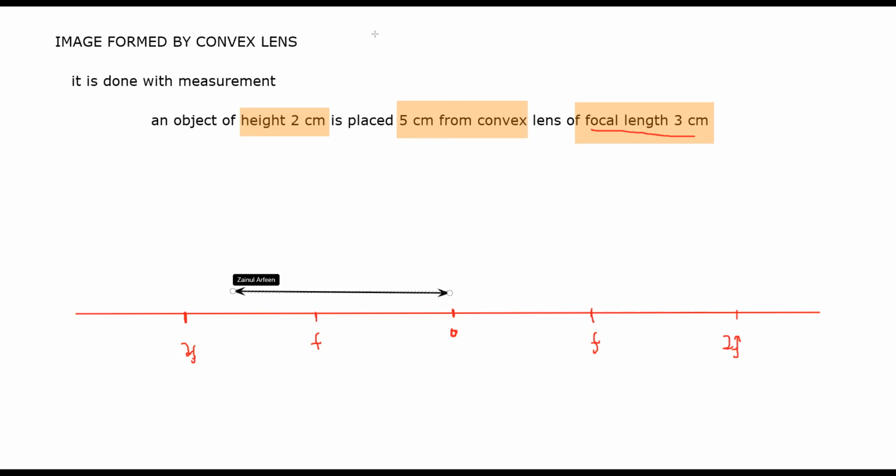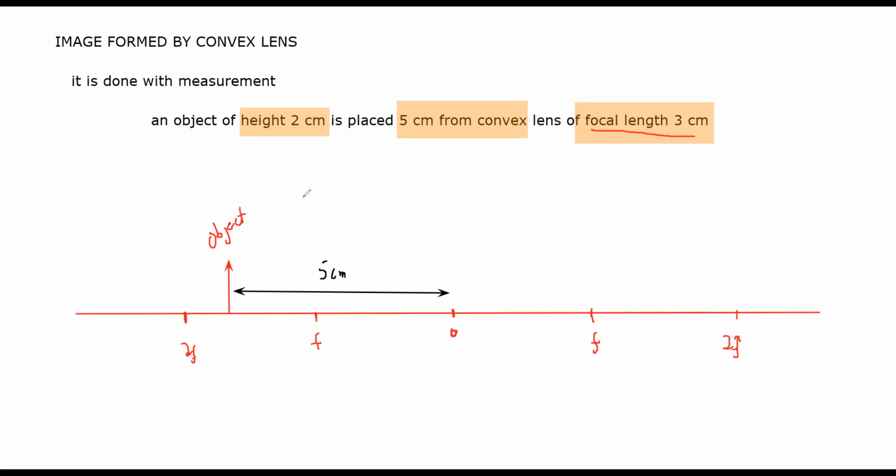I will measure 5 centimeter from the center of the lens and I will draw an object. Normally to represent an object, we use an arrow. And what is the height of the object? It's 2 centimeter. So this arrow should be 2 centimeter high, and it is at a distance of 5 centimeter from the lens.